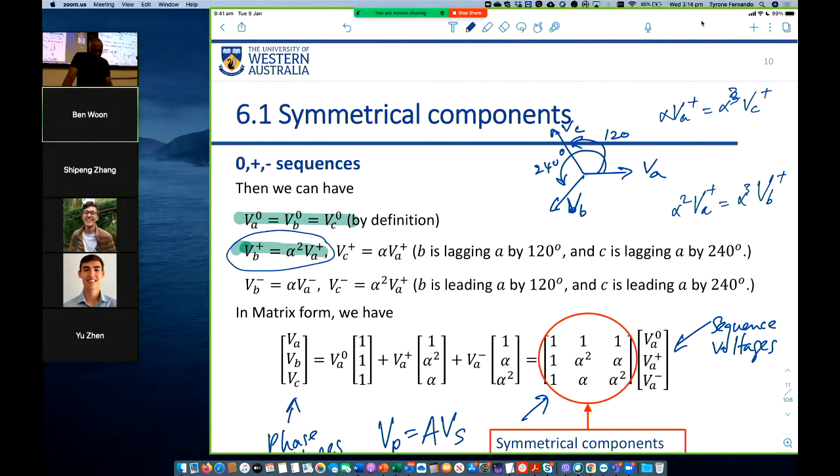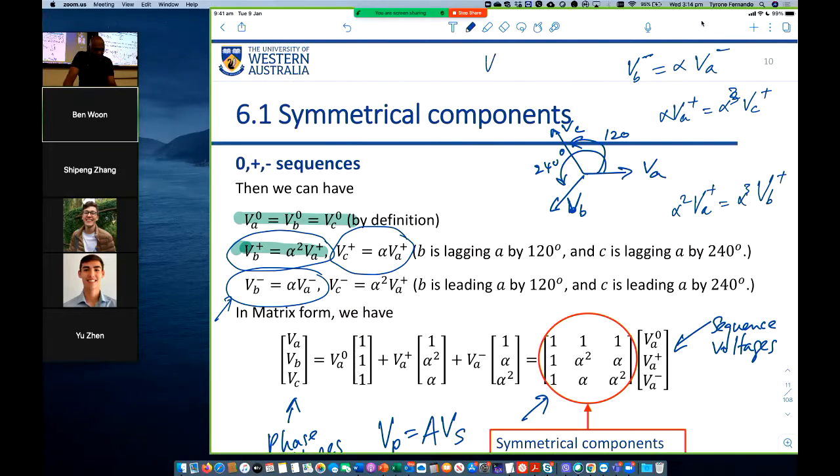So we have VC plus equals alpha times VA plus, right? So likewise, we can write these relationships as well. Okay, for negative sequence, we know that VB minus is in front of VA minus by 120 degrees. We know that, so that's the relationship here.